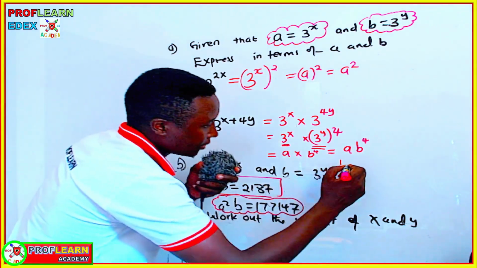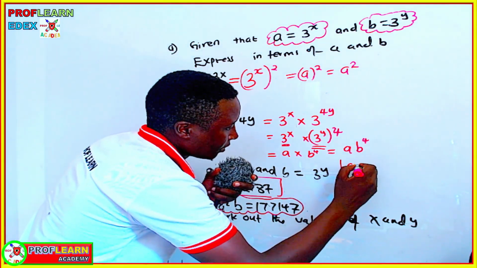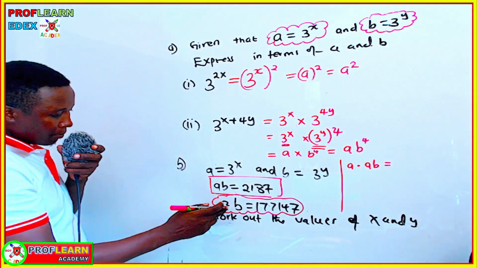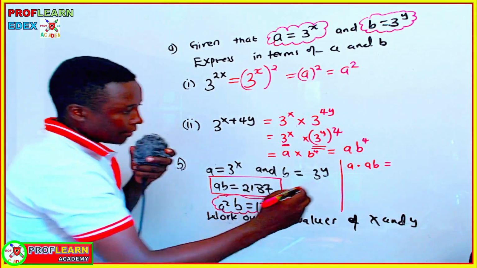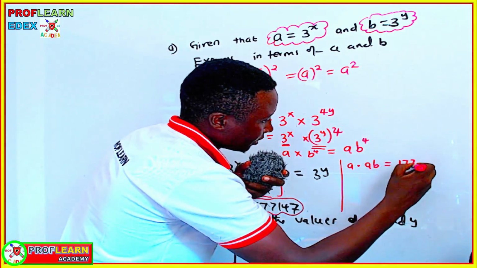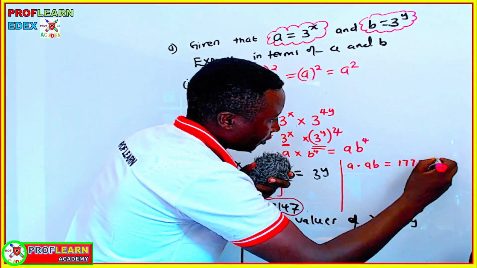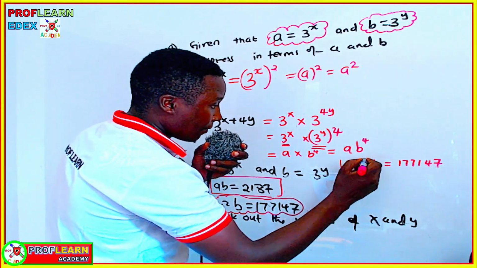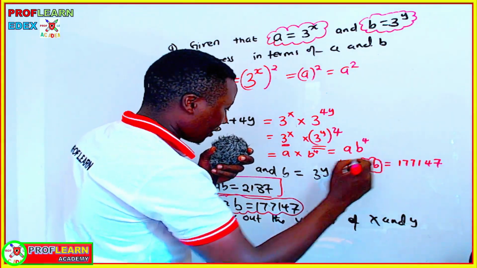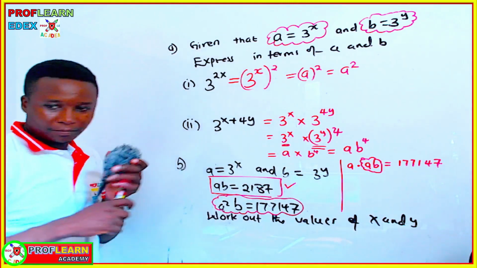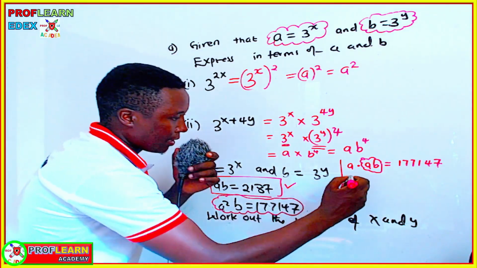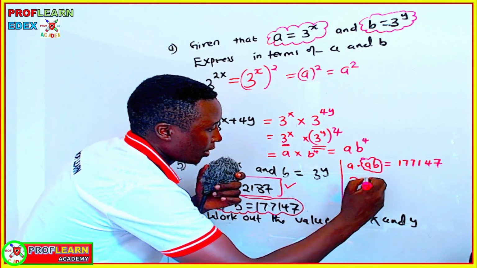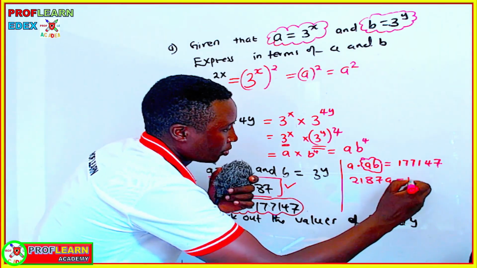So we can write this as A times AB, which is A squared, can be written as A times A is equal to 177147. We can write it like that, and at the same time we know that this part here can be replaced with this. So here we are going to have 2187A.